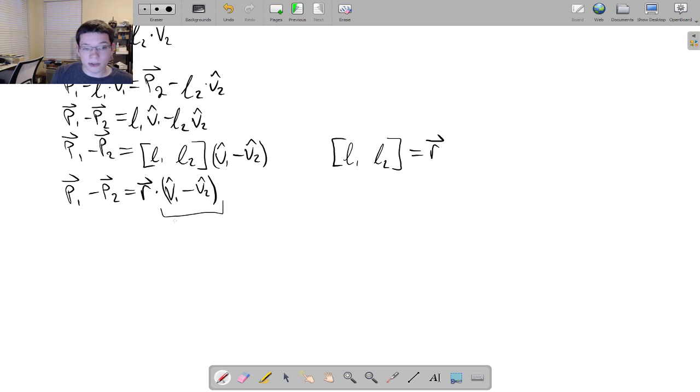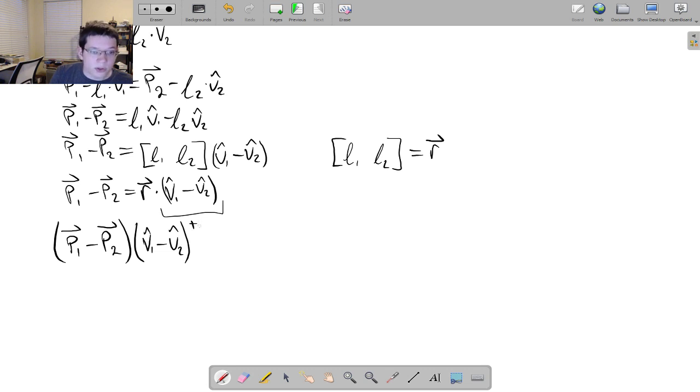But in linear algebra, you don't have division, you have multiplication by the inverse. And you have to pay attention to which side it is. So we're going to say P1 minus P2 times the inverse of V1 hat minus V2 hat on the right.